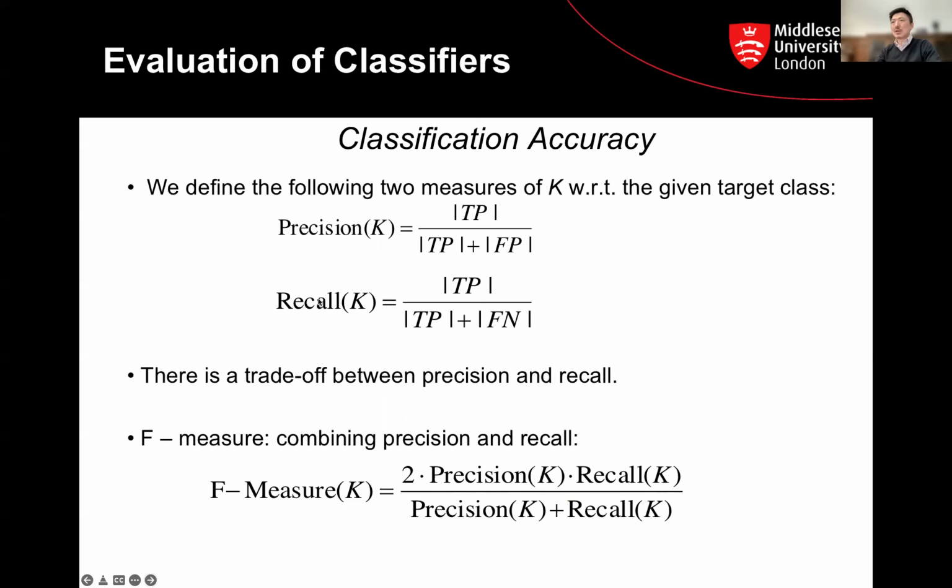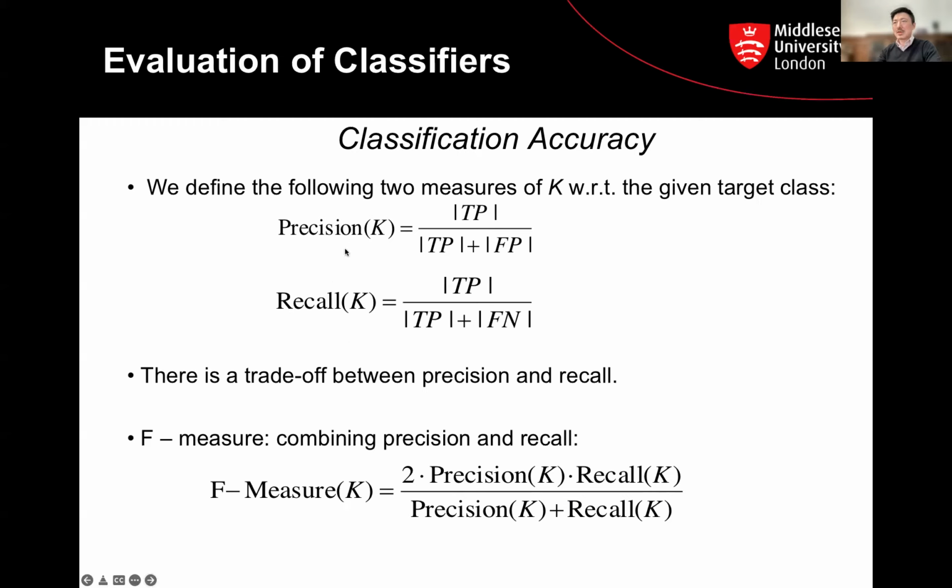So these are kind of two competing goals. For precision, you want to make sure all the ones you predict as true are actually true. Say you run the prediction on 10 people, and you want all those you predicted as true to be true. Whereas recall is slightly different: you want to make sure you don't miss anything, so all the things that should be true are included in the result.